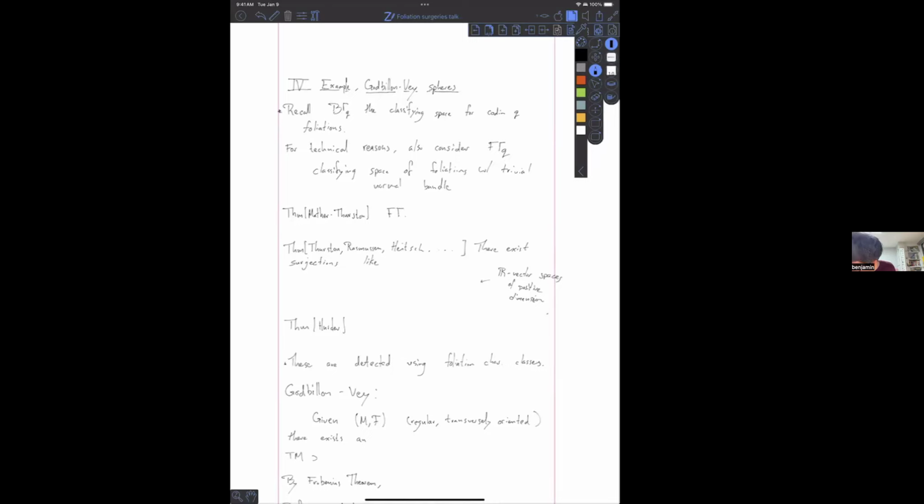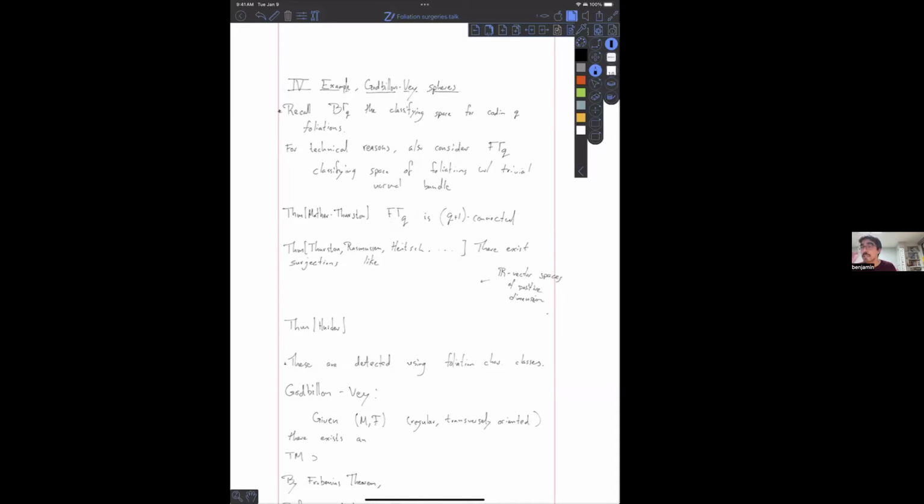So first of all, it's Q plus one connected. Lots of spaces are Q plus one connected, but the amazing thing is that this space topologically is absolutely massive. It's maybe bigger than any space you've dealt with before.